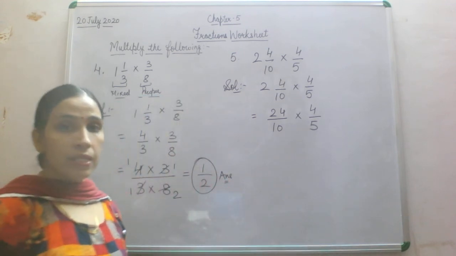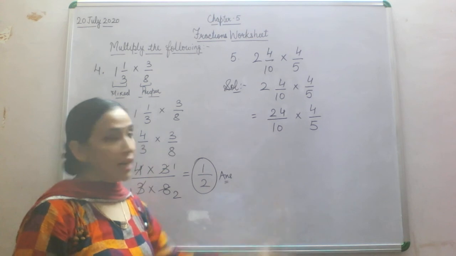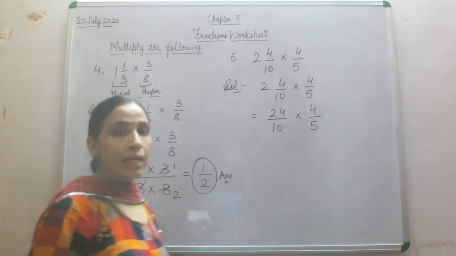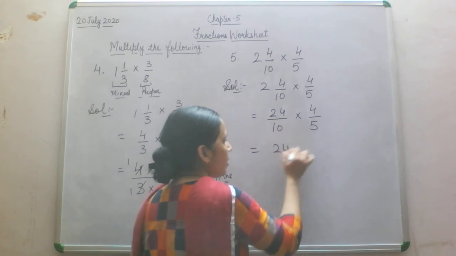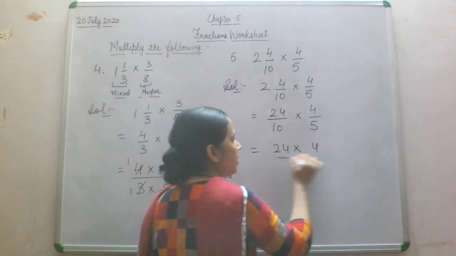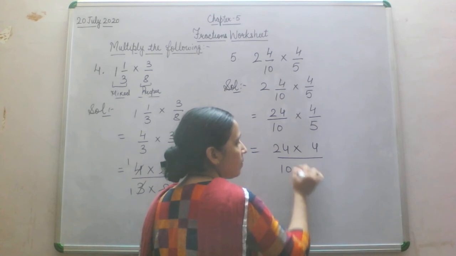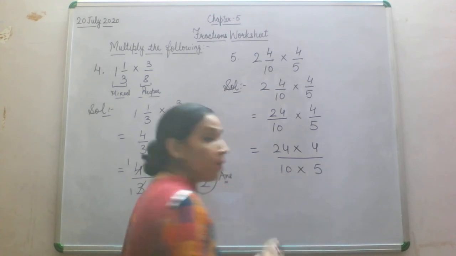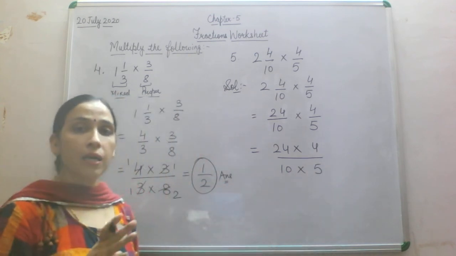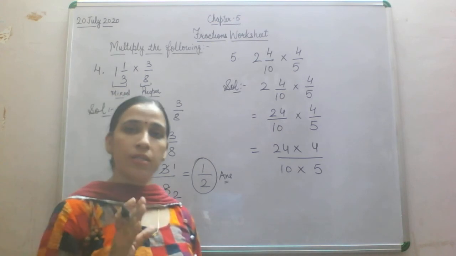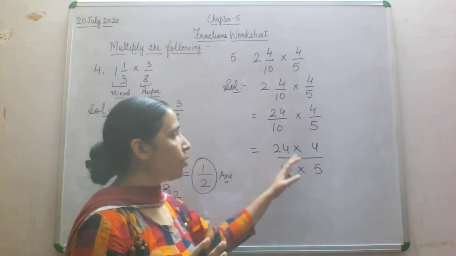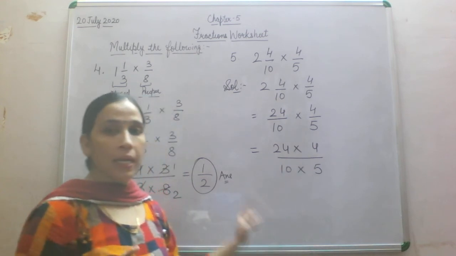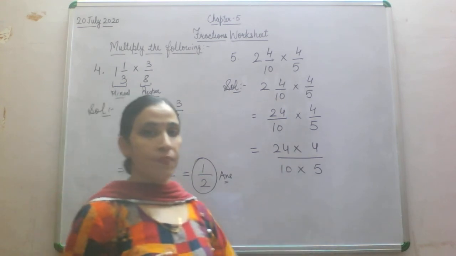Now if you find any common factor, you can cancel it. But first of all we will multiply numerator by numerator and denominator by denominator. We'll do it stepwise. Fine. Now 24 multiplied by 4 by 10 multiplied by 5.